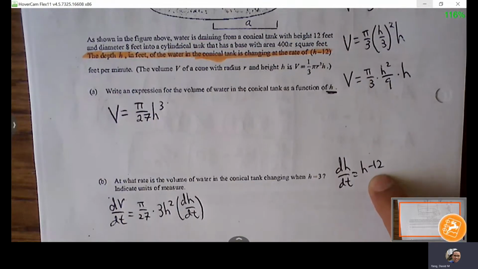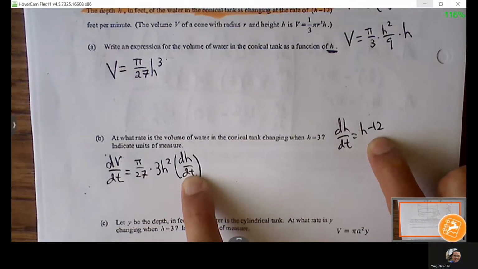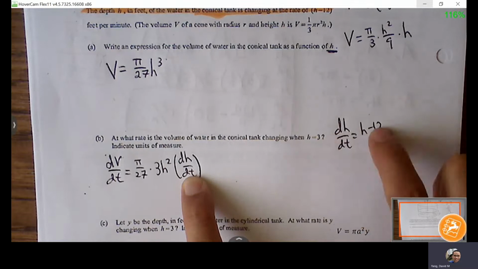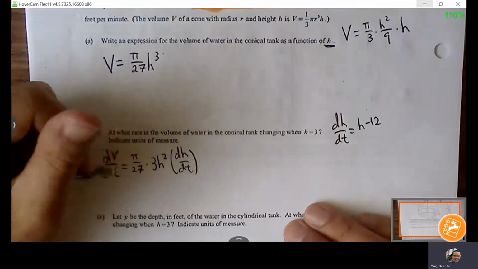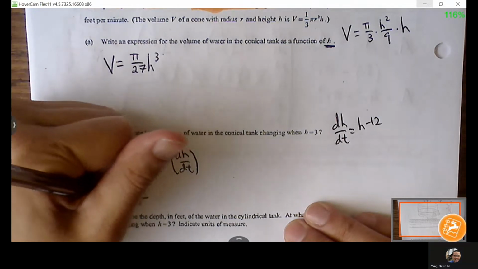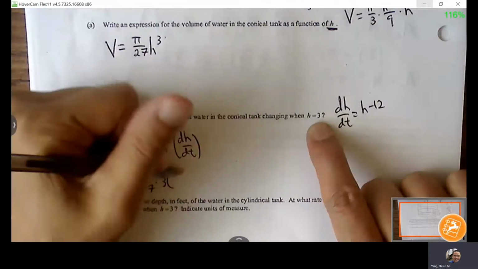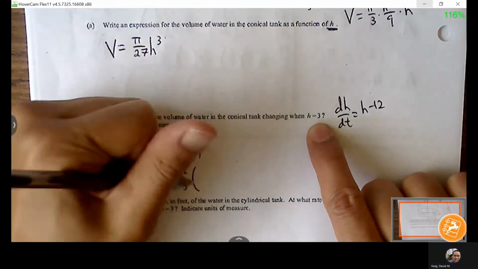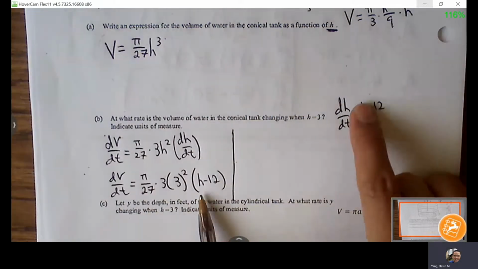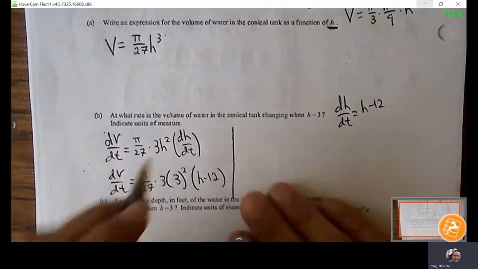Okay, there's a formula that's not quite giving us the numeric value, but we can make that substitution, and then we should be able to make progress, right? Because we know what h is once we make that substitution. Okay, h is 3. Once I put that h minus 12 in for dh/dt, I'm also going to substitute h with 3.